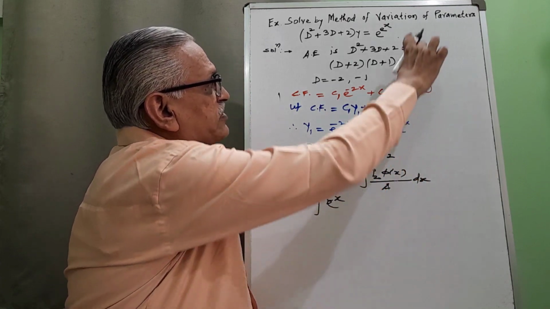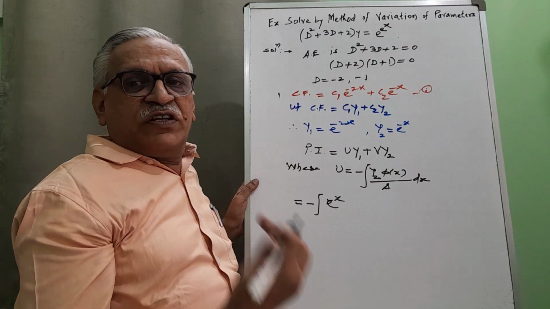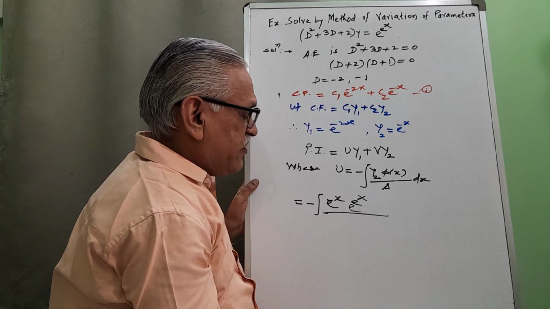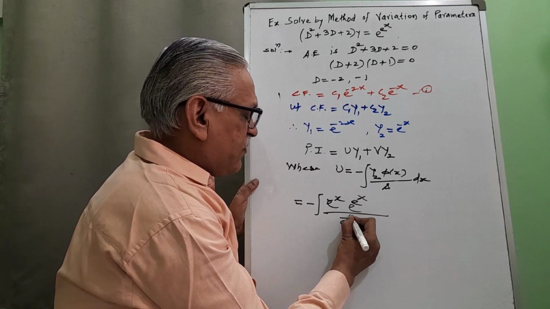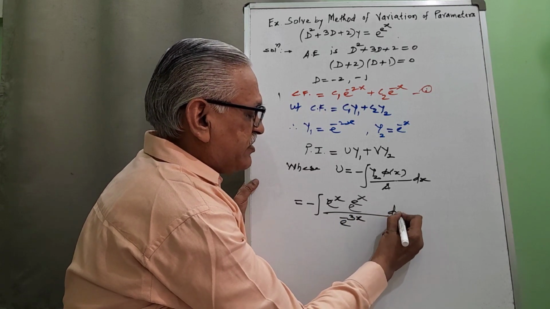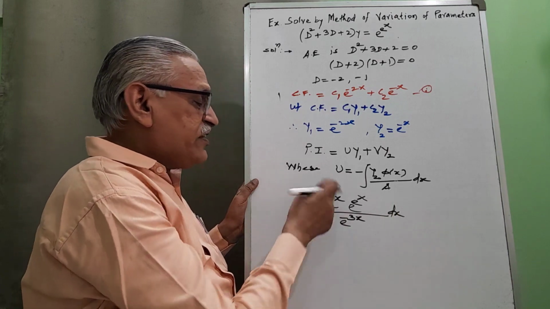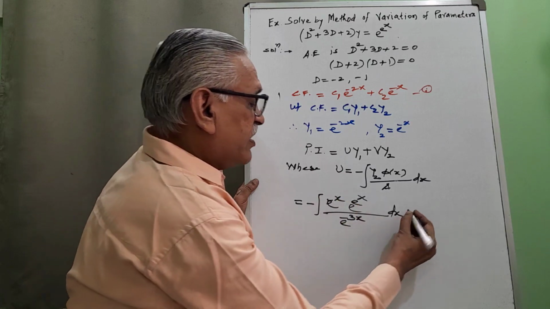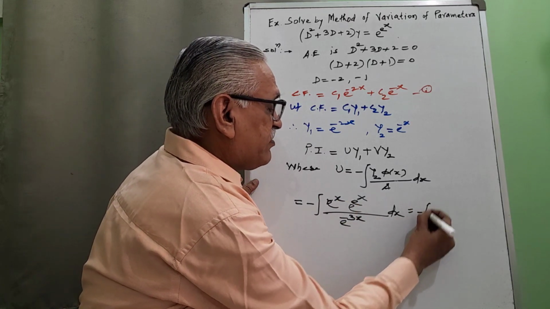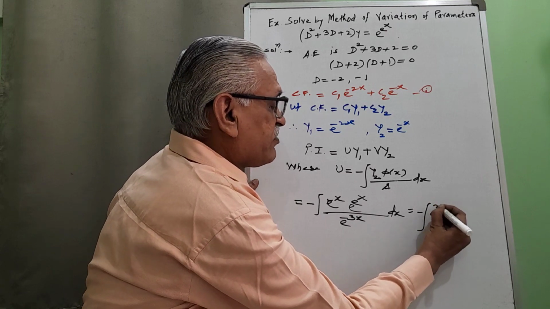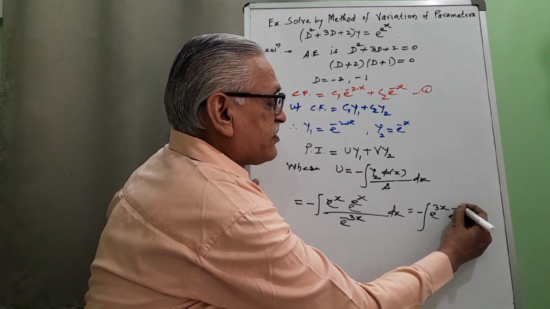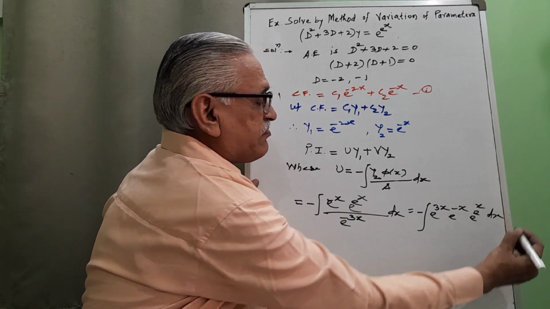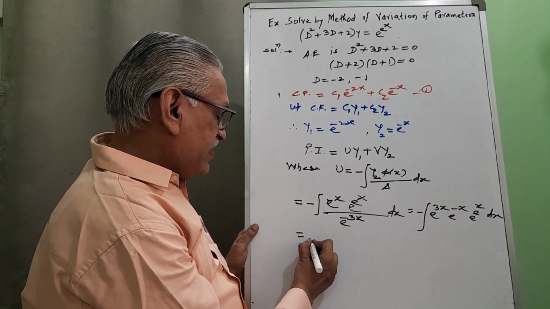Then phi of x means the right hand side of this equation, e raised to x, divided by A, where the value of A is e raised to minus 3x, and its integration with respect to x. Transferring this to the numerator, it becomes plus e raised to 3x, and therefore it is minus integral of e raised to 3x into e raised to minus x into e raised to x dx.